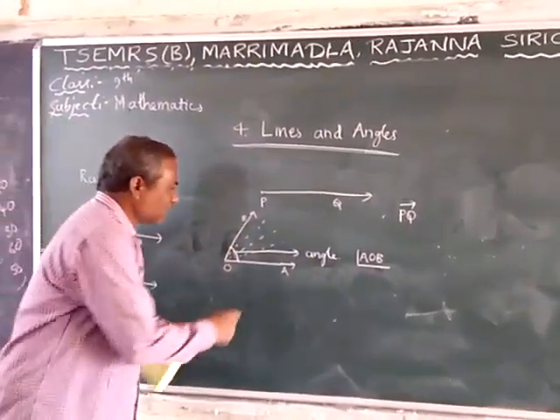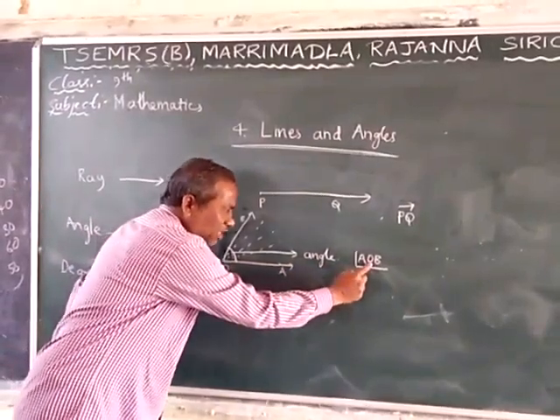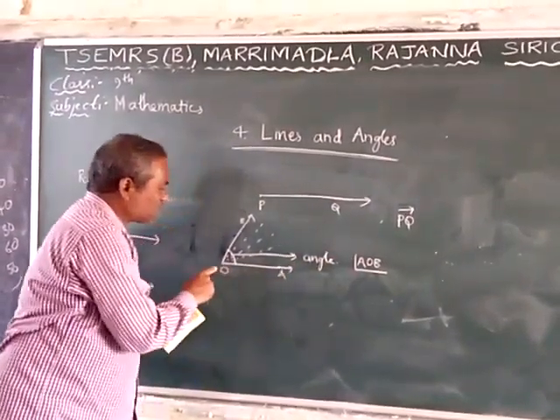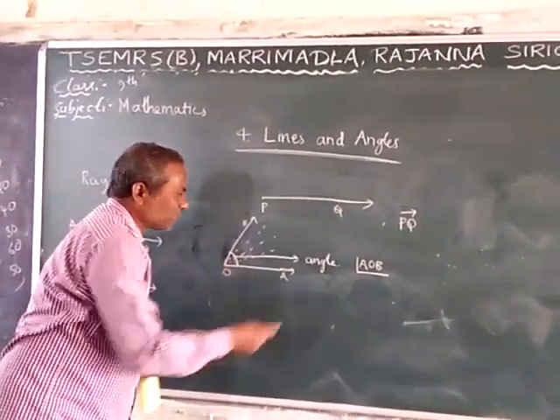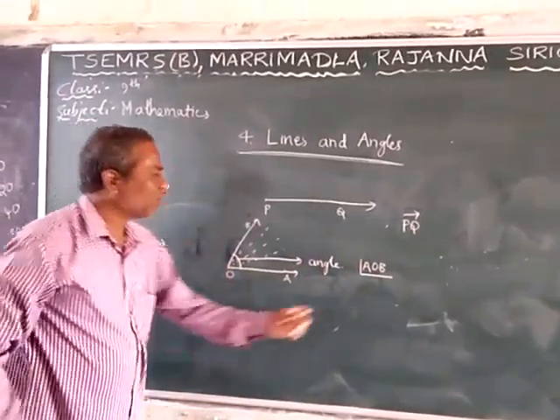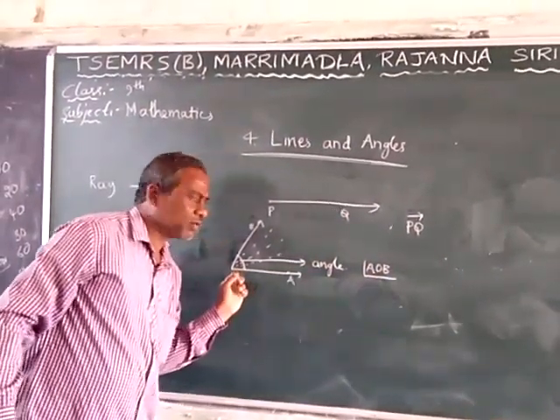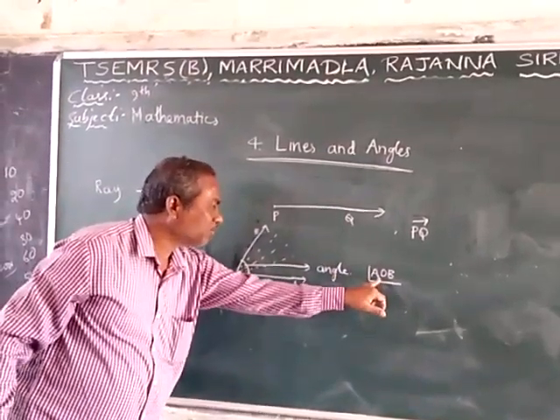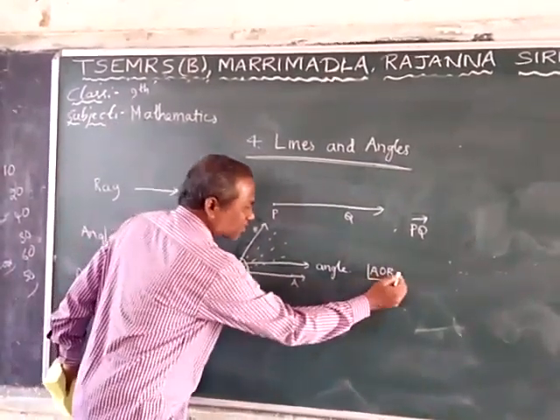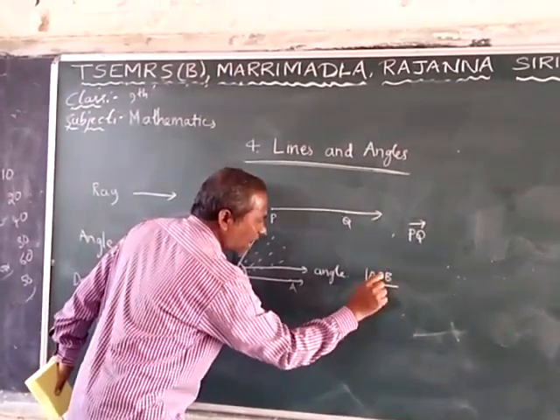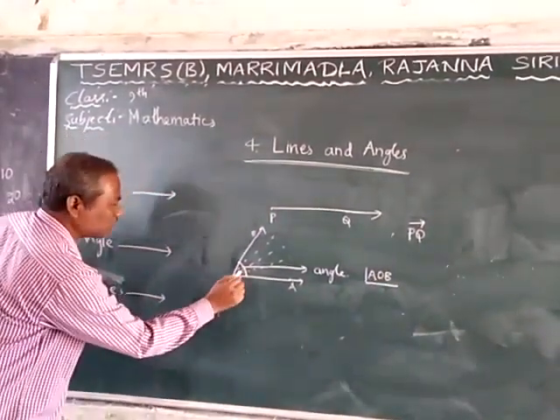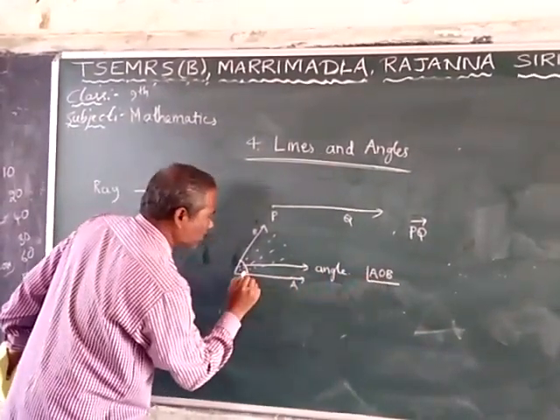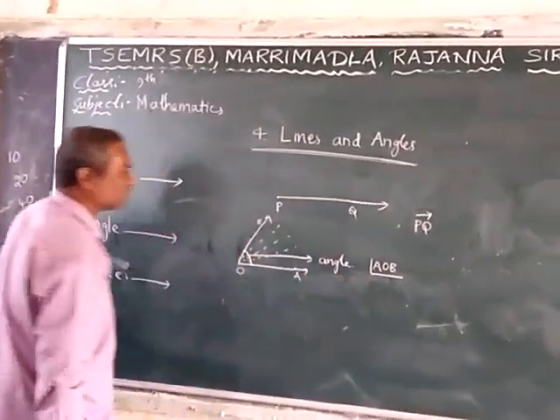The middle point O is the corner at which the angle is formed. If you take any angle mentioned by 3 points, the angle is situated at the middle point. Here the angle is situated at O.